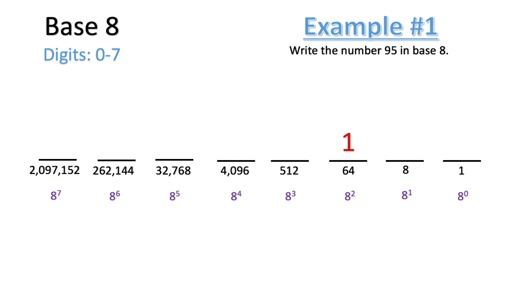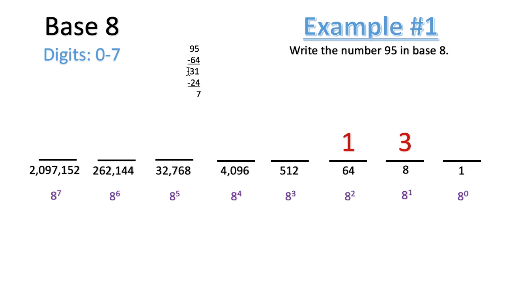So first thing to ask is how many 64 blocks can we use? Well, we can only use 1, because if we use 2 64 blocks, it would take us to 128, and we're trying to get to 95. So we can use 1 64 block. And now if we do 95 minus 64, we see that we're 31 away from building the number 95. So we look at our 8 block. How many 8 blocks can we use to fit into 31? Not quite 4, only 3 8 blocks. 3 times 8 is 24.